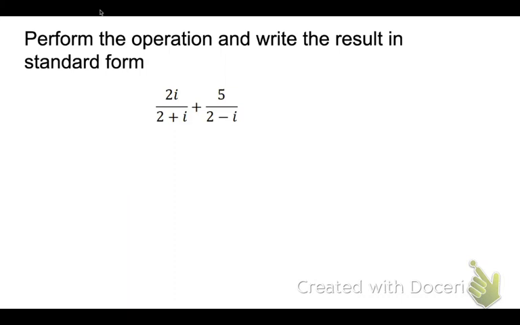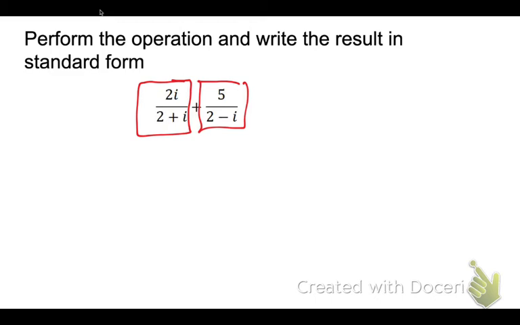Okay, now if I need to add two fractions, I have to get what? Common denominators. Now, there's two ways I do these problems. If I see that their denominators are conjugates of each other, I just multiply each fraction by the other one. If they are not conjugates of each other, I do each fraction like we just got done doing, and once they had a whole number denominator, then find common denominators.